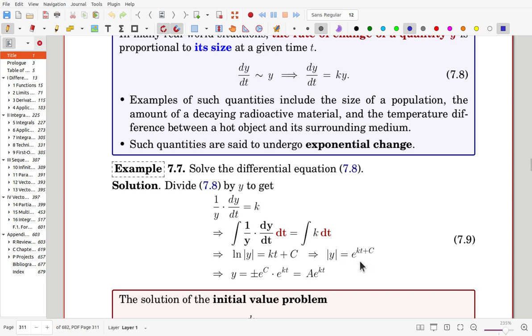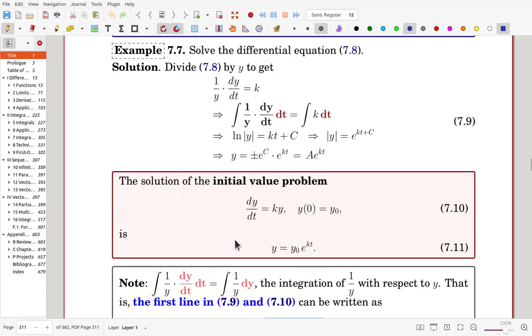And now, eliminating the absolute sign that we put here, plus or minus, we can separate these two, e to the c times e to the kt. We define this term as a variable a, so that we reach y equals a constant times e to the kt.